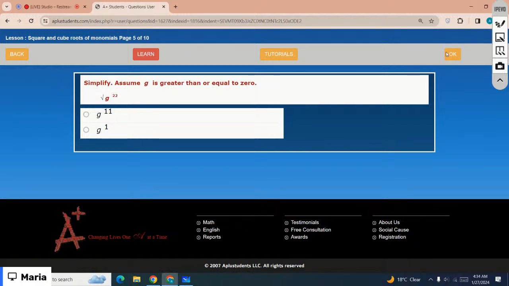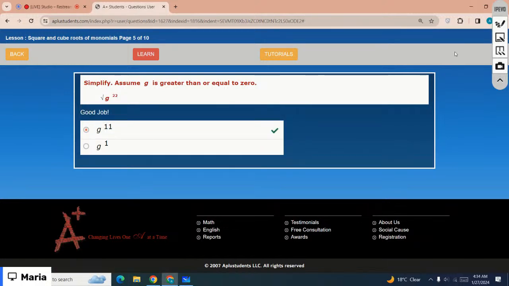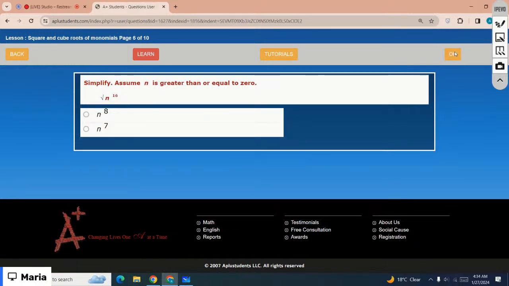That is g exponent 11. Very good. Option number 1 is the correct option. The next one is simplify square root of n exponent 16, which is the correct option?